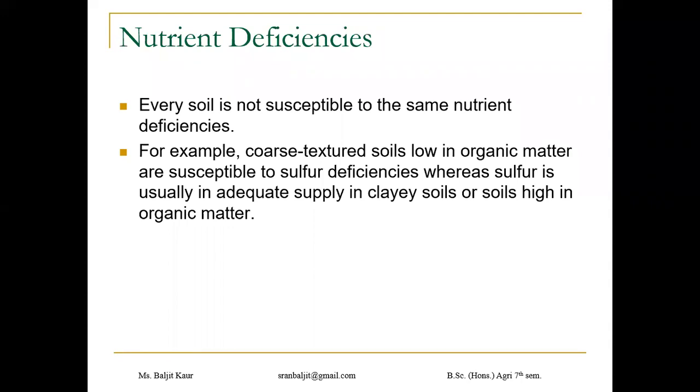Coarse texture soils are low in sulfur, whereas sulfur is usually in adequate supply in clay soils or soils high in organic matter, right? So soils which are rich in organic matter have an adequate supply of sulfur, but soils which are low in organic matter are susceptible to sulfur deficiencies. So this again depends on the soils.